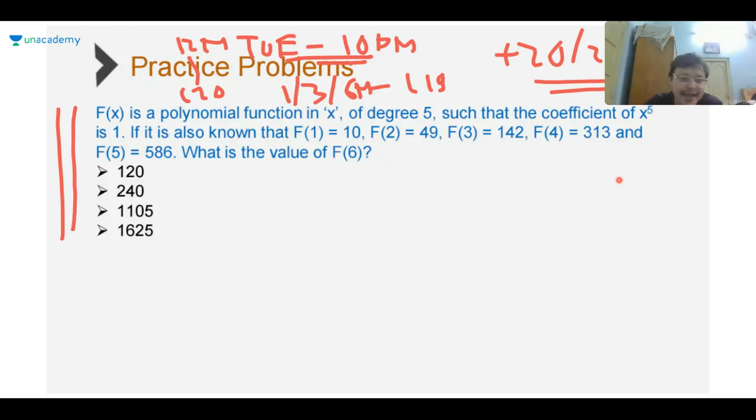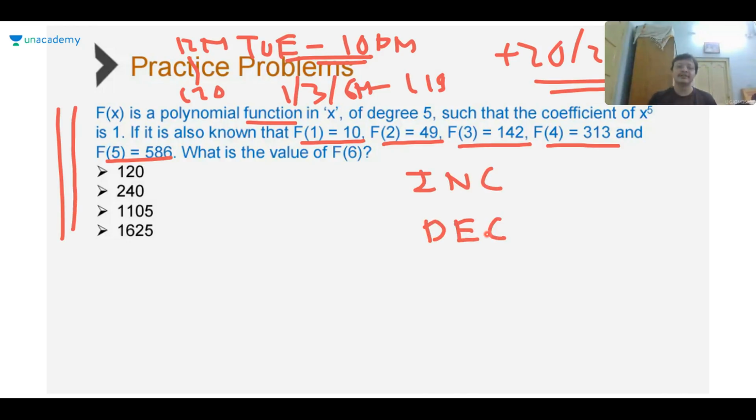So again, in any function, all you need to do is look at the trends. F1 is 10, F2 is 49, F3 is 142, F4 is 313, F5 is 586. Can anybody tell me, is the function an increasing function or is it a decreasing function?